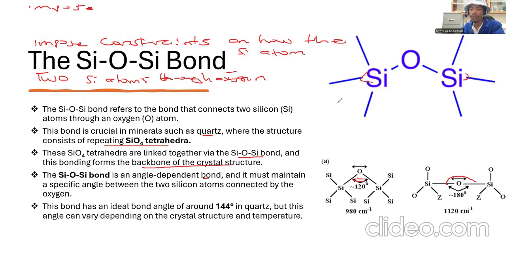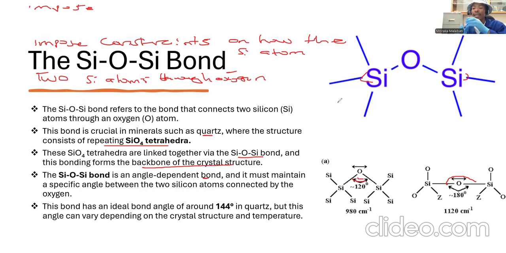If you alter this angle too much, for example during high temperatures, you are basically tampering with this angle too much, so the structure will become too open.